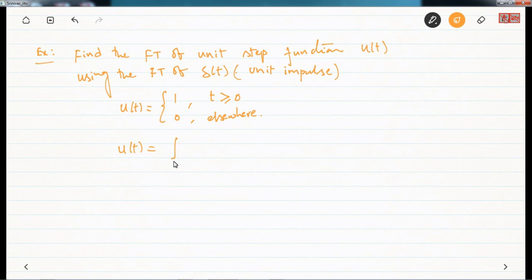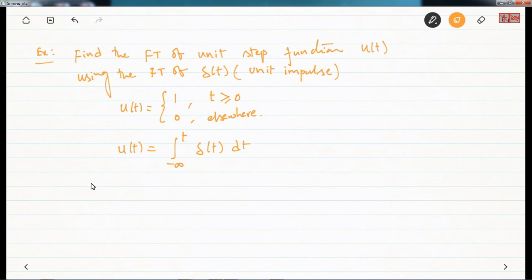So u of t is nothing but the integral from minus infinity to t of delta of tau d tau. So first recall what the unit step function is, then recall the relation between u of t, the unit step function, and the unit impulse function. This we covered in one of the first chapters, the study of basic signals and their relations.